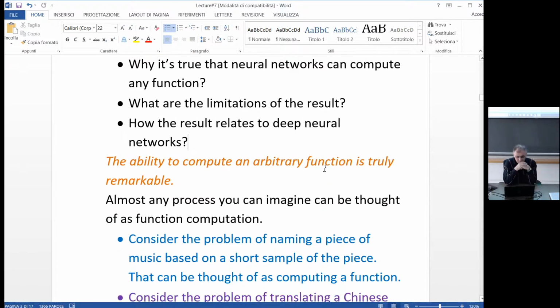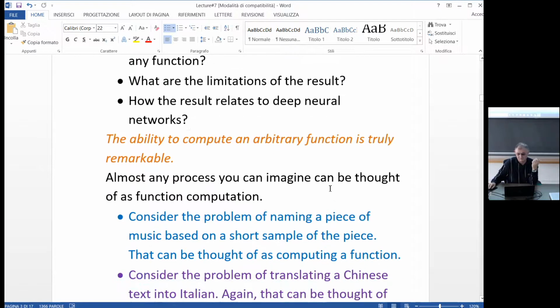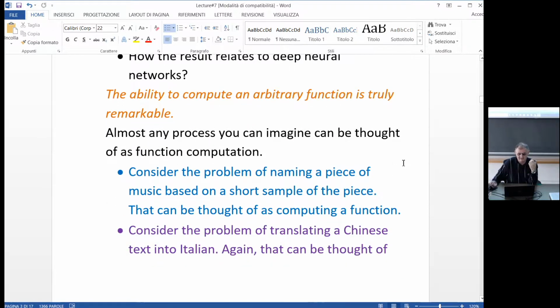The ability to compute an arbitrary function is truly remarkable, but also truly remarkable is any passage to the limit in the mathematical sciences. This jump of quality.